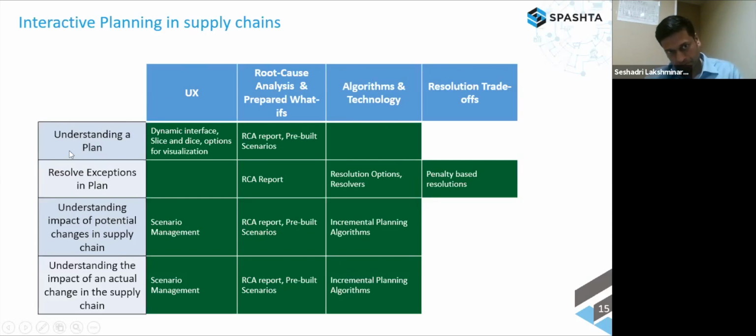So in my opinion, where does interactiveness even come in? First, to understand a plan. So I come in the morning, let's say I'm a production planner. I come in the morning, I look at a production plan, and the first thing I want to do is to understand what it is. What is it saying?